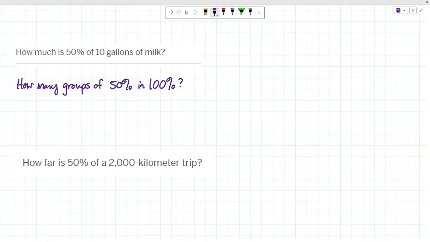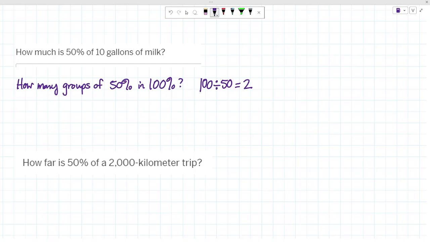Well, that's a division problem because we're asking if we take 100%, we break it into a certain number of groups where each one has 50%. We're trying to find out how many groups there are. That's a division problem because really we're asking 50 times what equals 100. So 100 divided by 50 equals 2. So there are two equal groups of 50% in 100%.